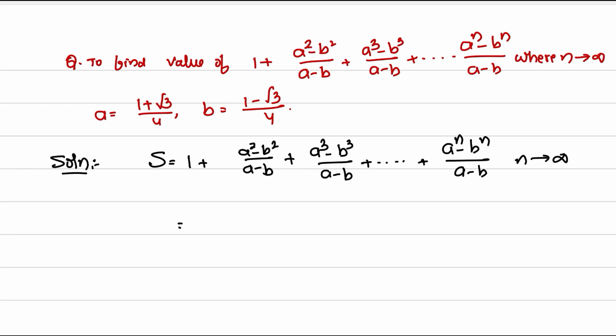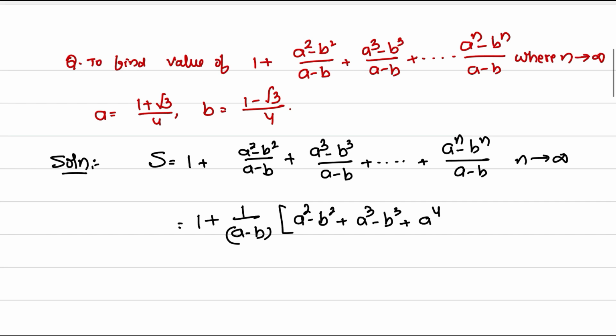This will be equal to 1 plus, let us take 1 by (a minus b) as common. We will treat 1 as it is, let us not change, and 1 by (a minus b) we will take as common. Then the series becomes (a square minus b square) plus (a cube minus b cube) plus (a to the power of 4 minus b to the power of 4) up to infinity.